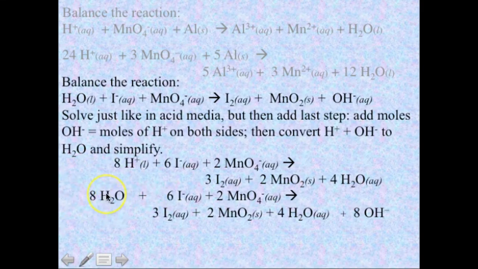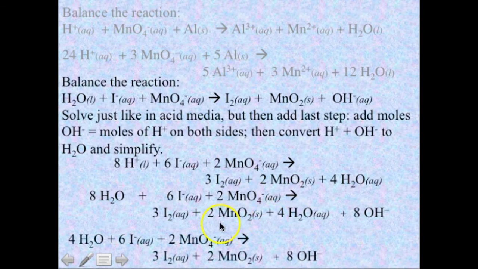So now we have 8H2O on the reagent side and 4H2O on the product side, so we can simplify it to our final reaction. 4H2O plus 6I minus plus 2 permanganate yields 3 iodine plus 2 manganese dioxide plus 8 hydroxide. And if you check it, your atoms are going to be fine and your charges are going to be fine.